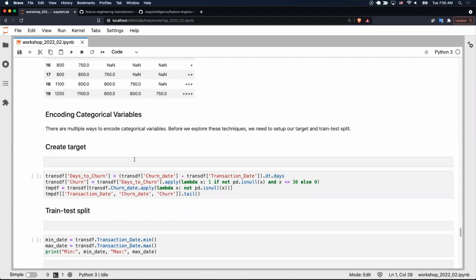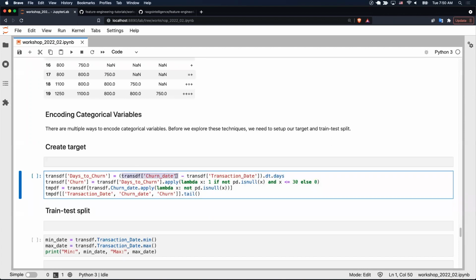The first thing we need to do is we need a target. This isn't really that important, how I go about doing that. This is simply saying, I'm going to look at what date the customer churned, what the current transaction date is, calculate days to churn, and then I'm going to calculate churn if the customer churns within 30 days of this transaction.